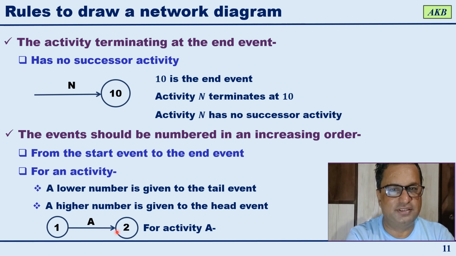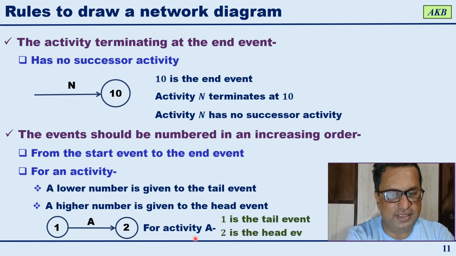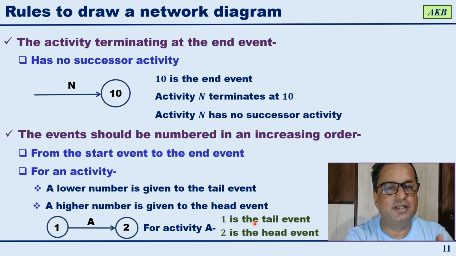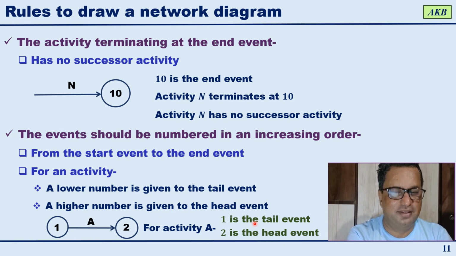The other way of understanding it: this is the start event, this is the end event. Similarly, this is the tail event, this is the head event. For activity A, 1 is the tail event and 2 is the head event. And if you look at those numbers, the tail event is represented by the lowest number. Out of 1 and 2, 1 is the lowest. So we are representing the tail event by the lowest number.